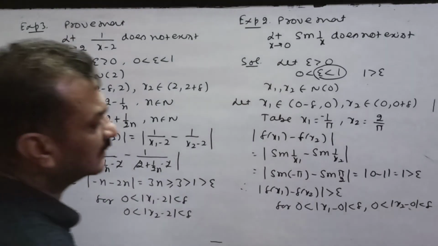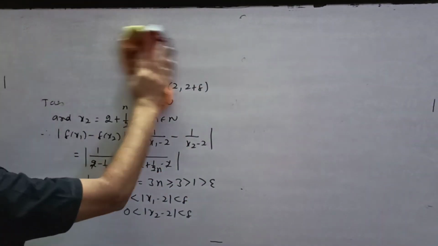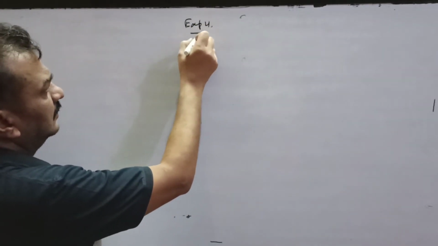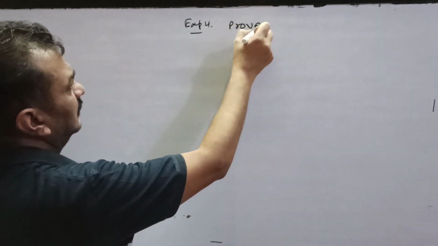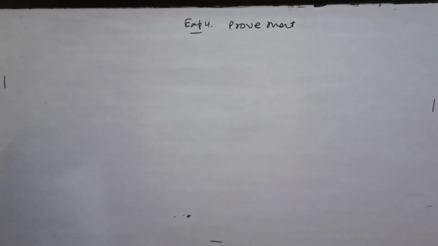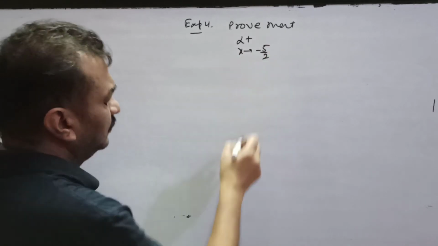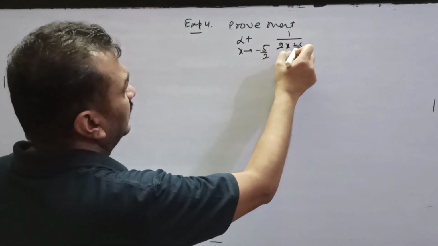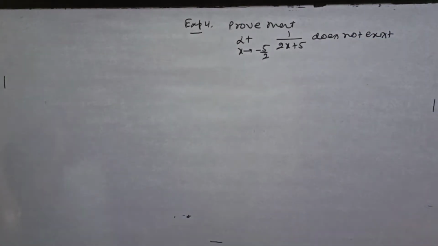Last example, example number 4. Prove that limit x tends to minus 5 by 2 of 1 upon 2x plus 5 does not exist.